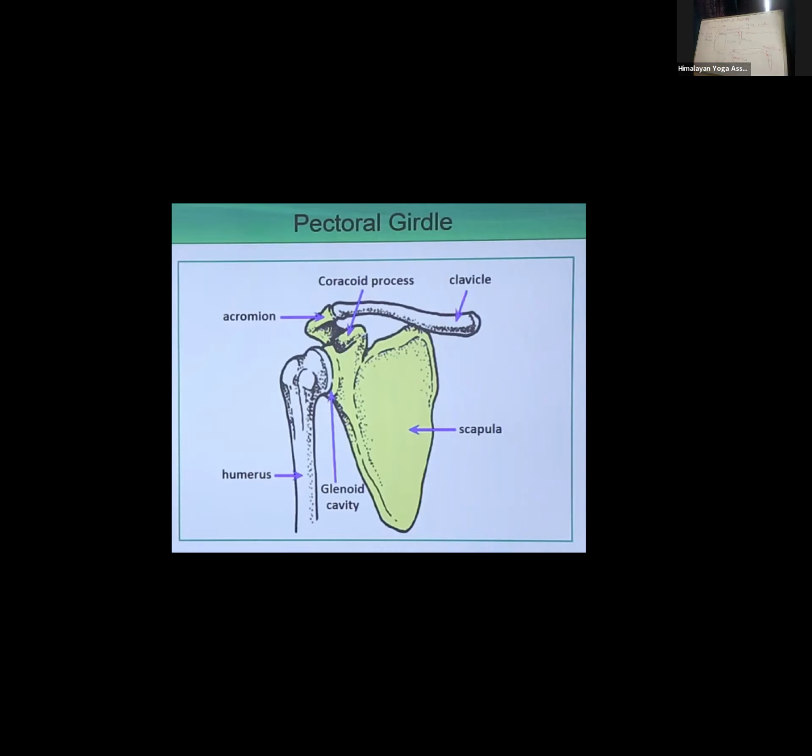This acromion is a part of the scapula, an extended part of the scapula. And then we have the clavicle here. Where the clavicle joins the acromion is called the acromioclavicular joint.